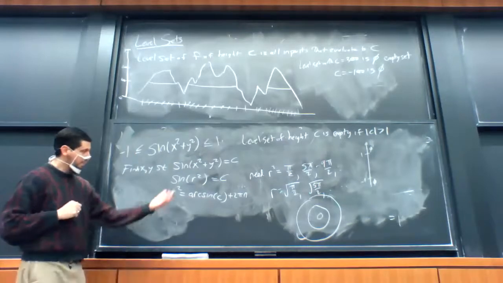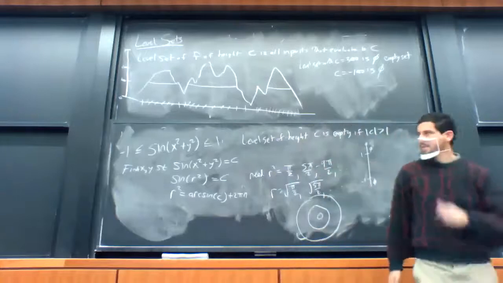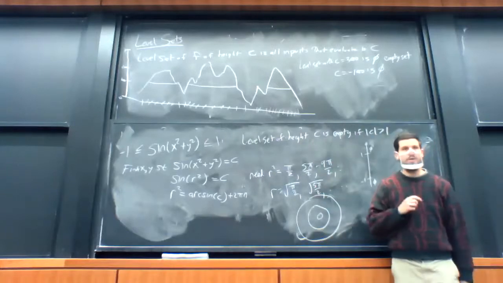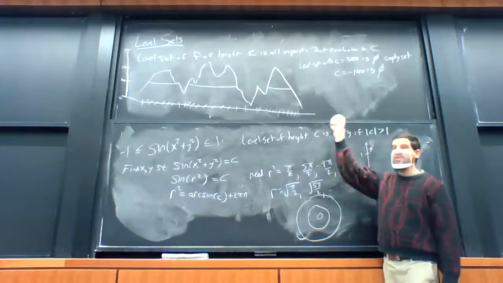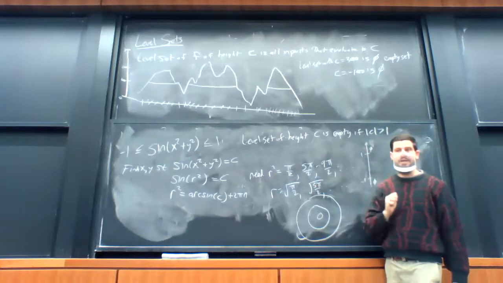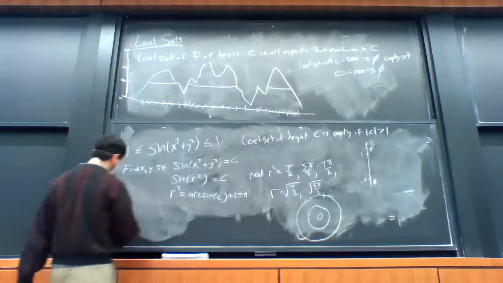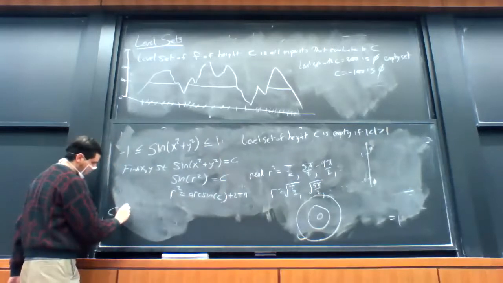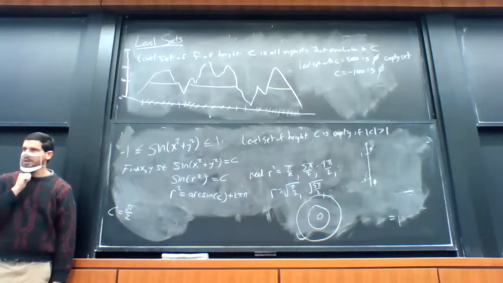We have to be a little bit careful, and that's why I wanted to do this problem, because unlike 1 and -1, for other values there could be more than one choice as we go around 2 pi that has the same value. If I look at, say, c equals root 2 over 2, what angle has a sine of root 2 over 2?